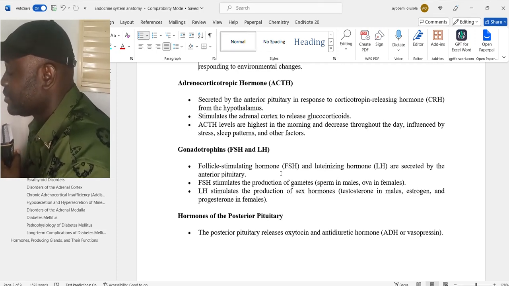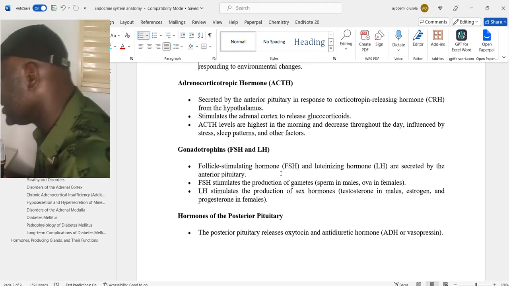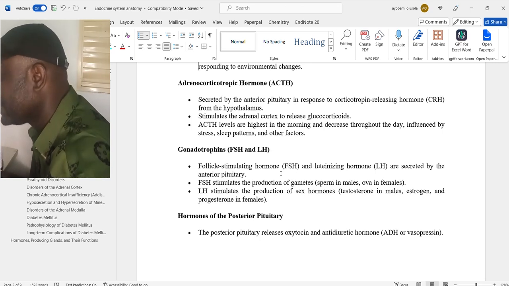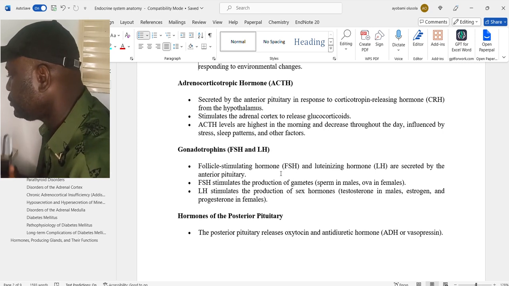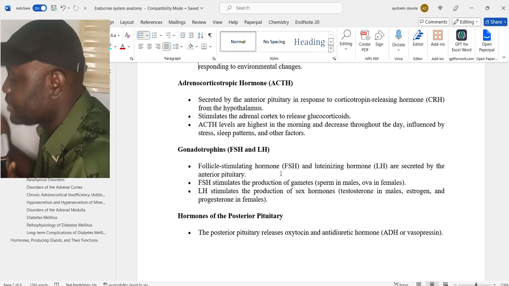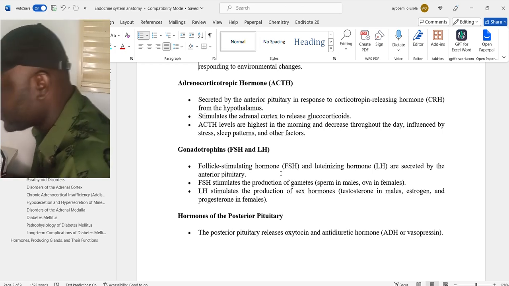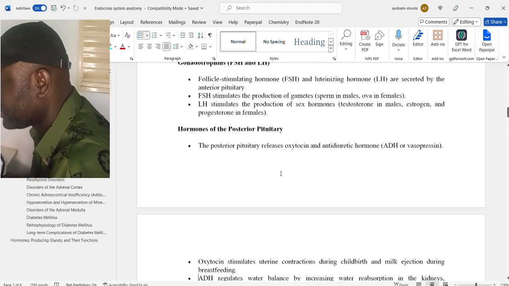FSH stimulates the production of gametes. So for the follicle stimulating hormone, it stimulates the production of sperm in males and the production of ova in females. Luteinizing hormone stimulates the production of sex hormones, testosterone in males, estrogen and progesterone in females.